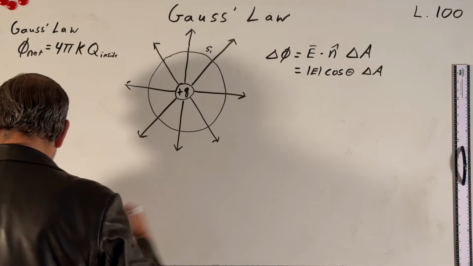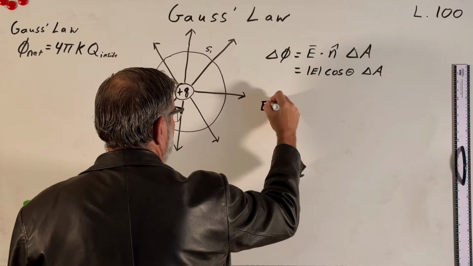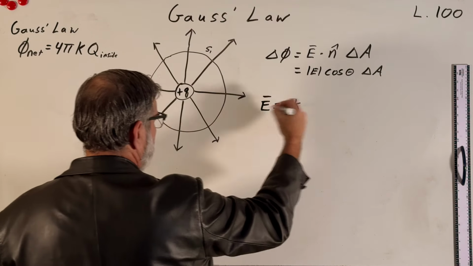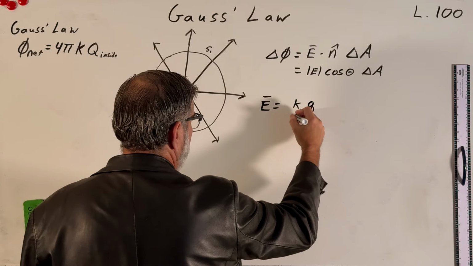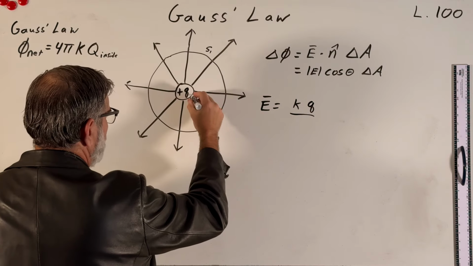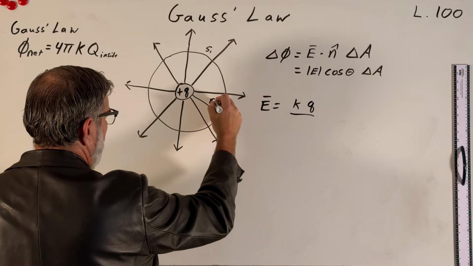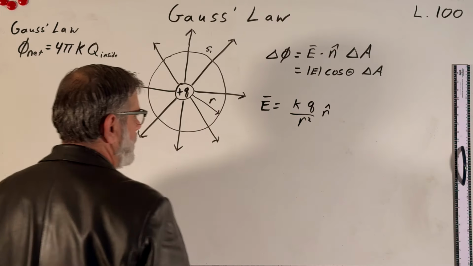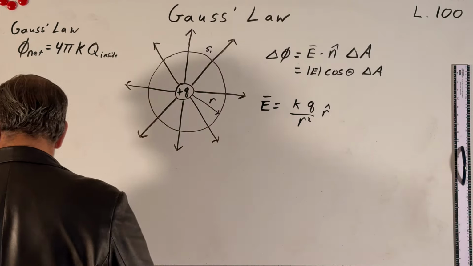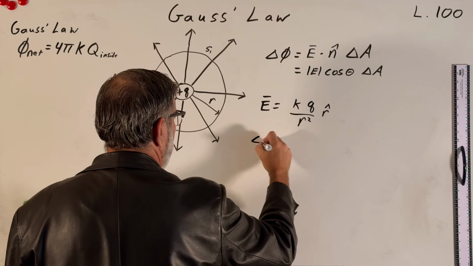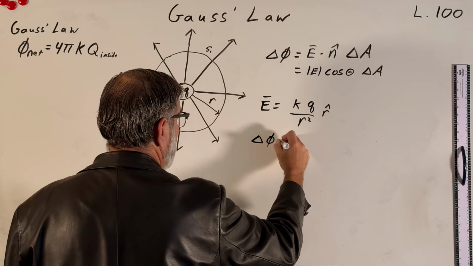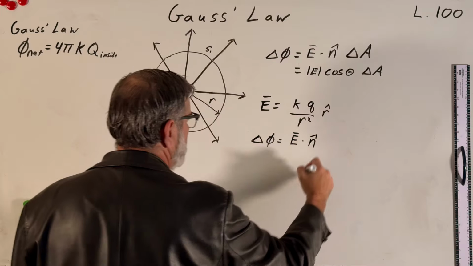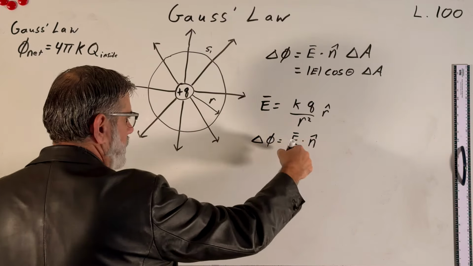So in this case here, we would get that the electric field is just equal to K. We have a plus Q charge inside, so let's put Q over, and let's choose the radius of this sphere to just be R, over R squared, and that's in the R direction, yes? So note that if we want to calculate what the flux is, E dot n in this case, it's normal, right?